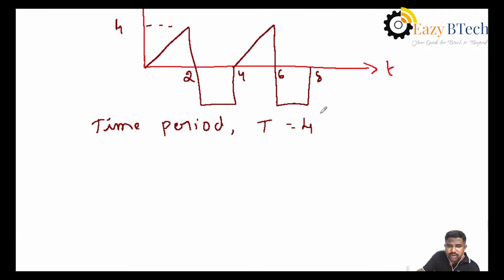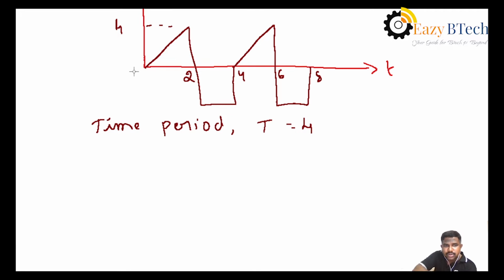Then again we can find out the equation of the waveform. The given waveform is voltage here. The waveform starts as a straight line. After that, it is a square waveform. First of all, you can find the equation of the straight line.